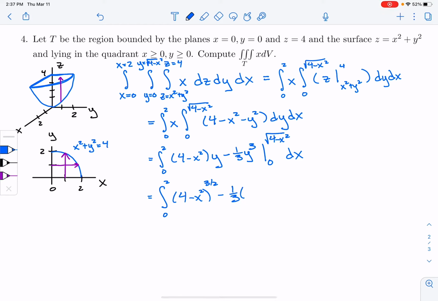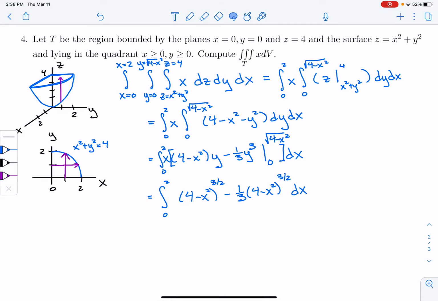So that becomes, in fact, 4 minus x squared to the 3/2. And I want to integrate that dx. And I still have an x here. So let's make sure that I don't forget that I still had an x there. So if you're following along, make sure that you still have an x there.